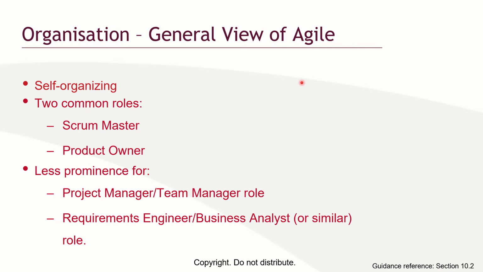And there are two roles that we can use. We can use the role of a scrum master and product owner. In Agile, we don't talk about project manager. We don't talk about team manager role. The two common roles you hear is what? Scrum master, product owner.